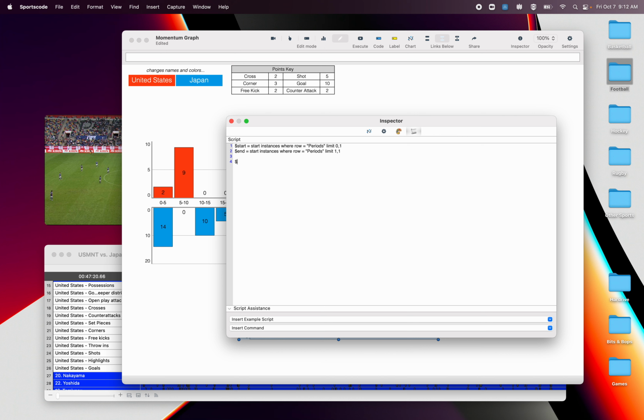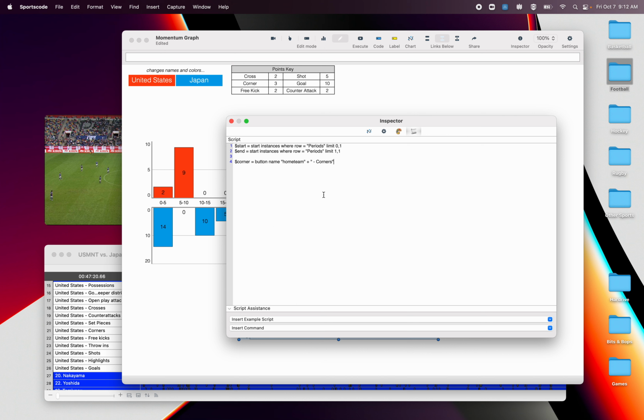So we'll go corner equals button name home team plus. Now I've got to match the space dash and then the event. So space dash space and then the event. So corners.